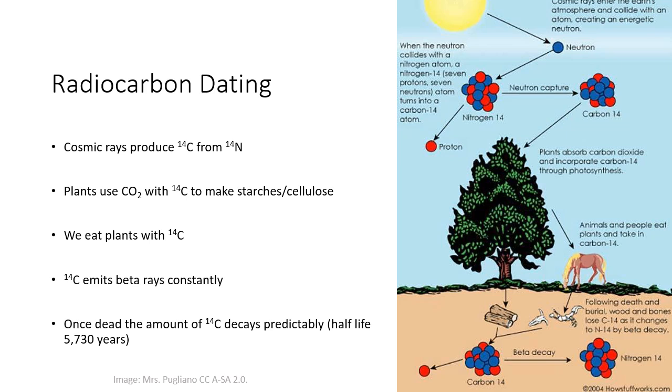Most of the carbon that is in the atmosphere, which is where these cosmic rays are hitting, is actually carbon dioxide. So the carbon dioxide gets pulled in by trees in order to go through photosynthesis. The photosynthesis makes nice cellulose and starches, which animals eat. And as a result, living things have a fairly constant ratio of carbon-14 to carbon-12 in their bodies. And we can measure that, and we can figure out how old something is.